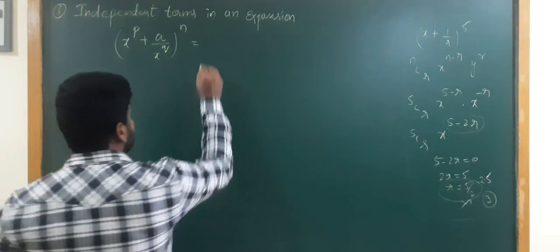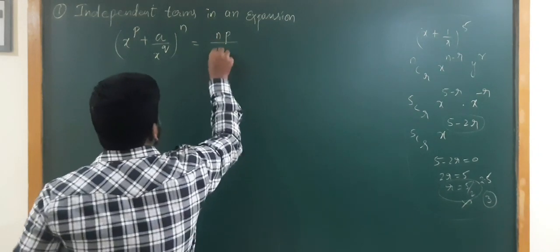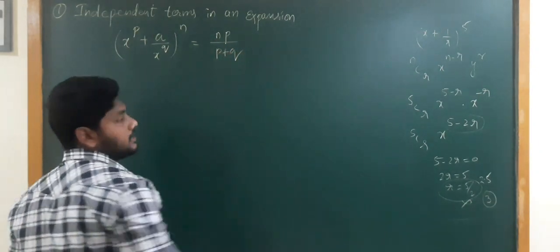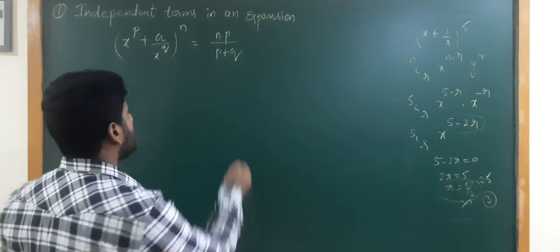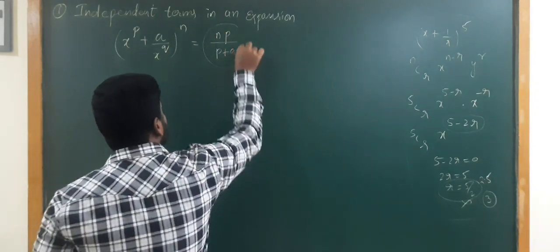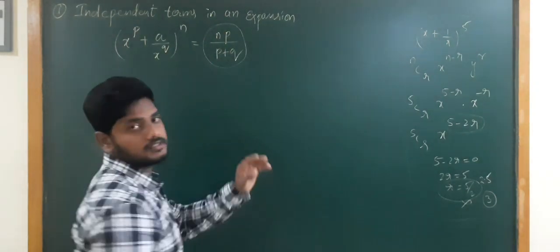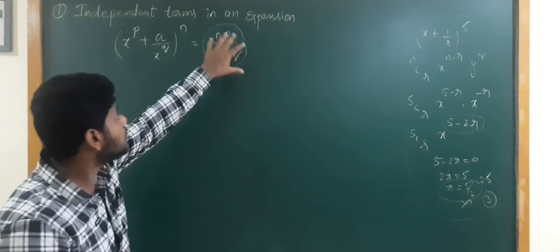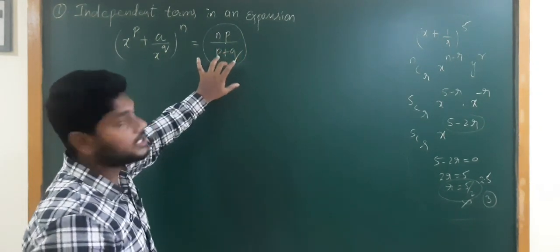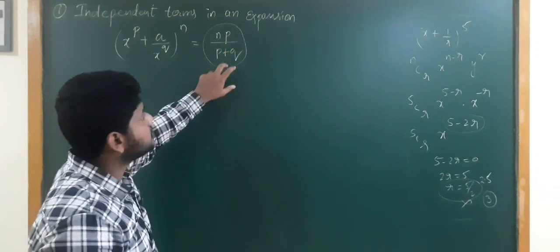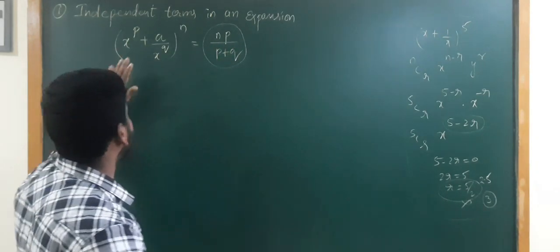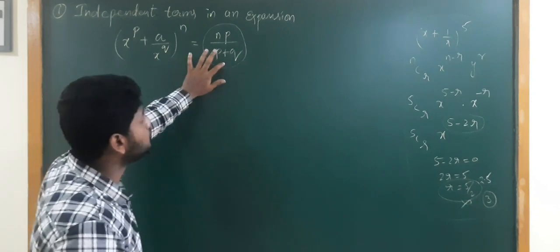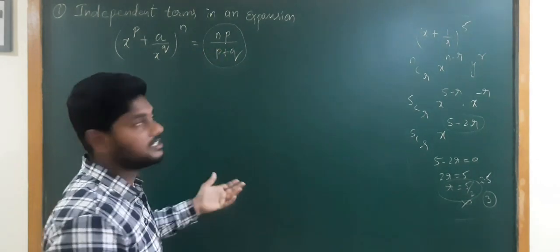Very easily, we have the formula np/(p+q). Whatever value we get, for example 2 means third term, 4 means fifth term. That term is the independent term. If we get 2, it is the third term, and so on.